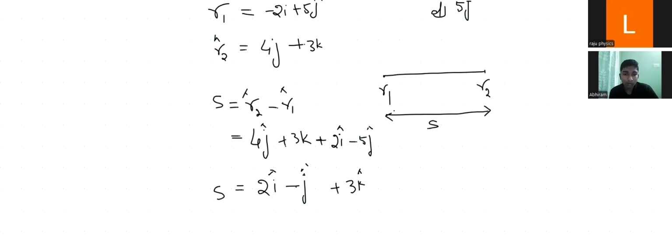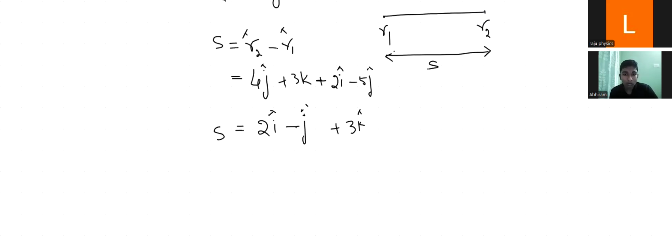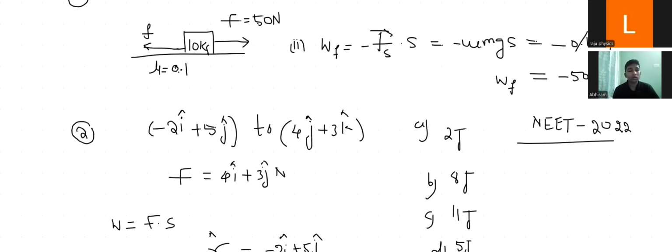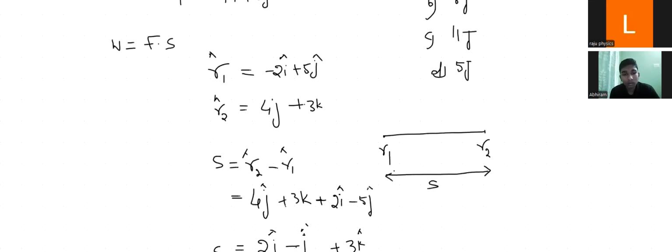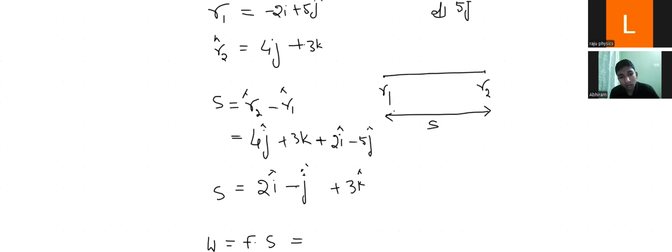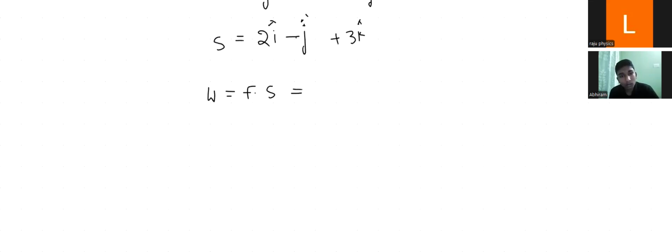So here the work W equals F into S. The force is given: 4i plus 3j. So 4i plus 3j dot 2i minus j plus 3k.